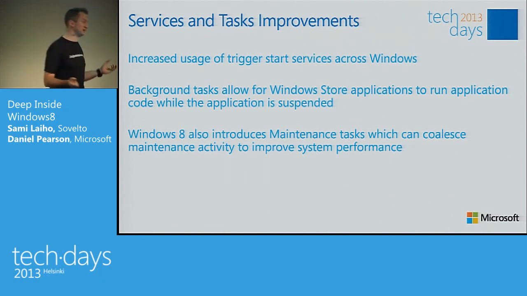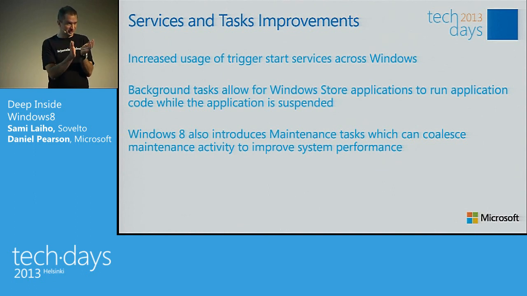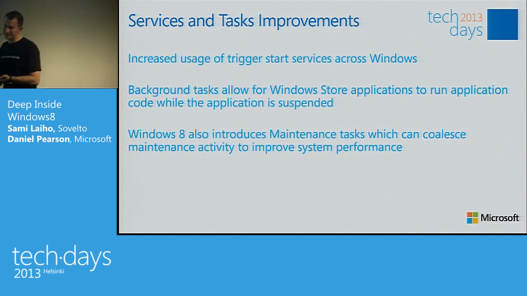Maintenance tasks is basically combining lots of processes that do some kind of maintaining, like defragging and stuff like that, and putting them in groups, so that instead of having triggered tasks running every 10 seconds, you would have a group of tasks running at one time and then a longer interval of not running anything, so you can conserve your battery.